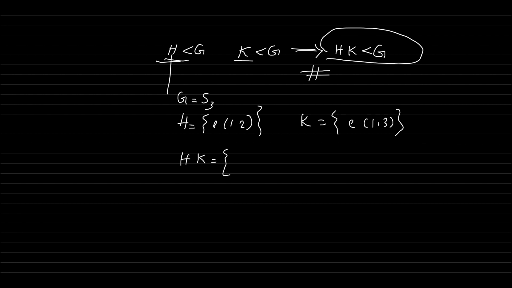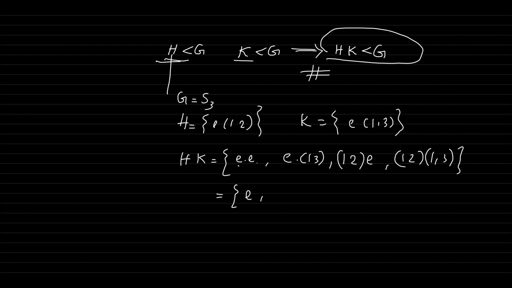HK consists of all elements: identity times identity is identity, identity times (1 3) is (1 3), (1 2) times identity is (1 2), and (1 2) times (1 3).